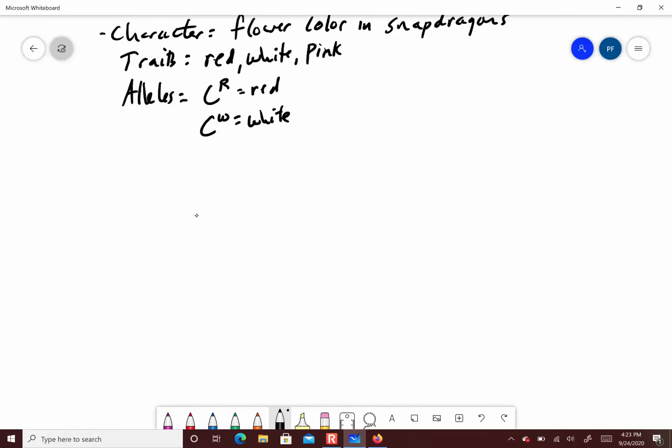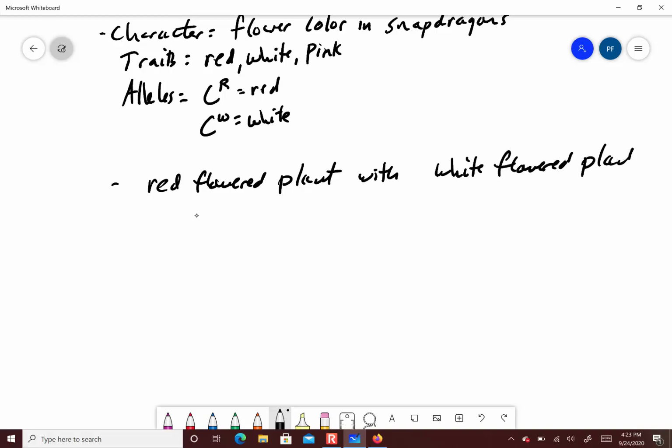Alright, so now we can do our cross. We're going to cross a red flowered plant with a white flowered plant. Okay, so since we have incomplete dominance here, the only way to get red is to have two CRs.